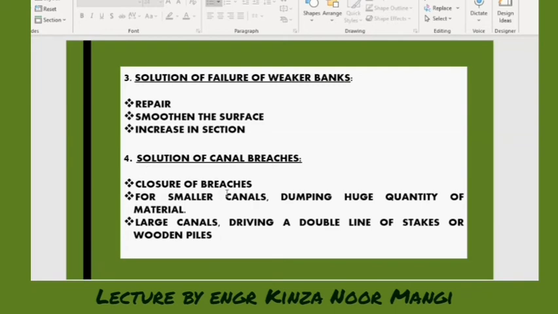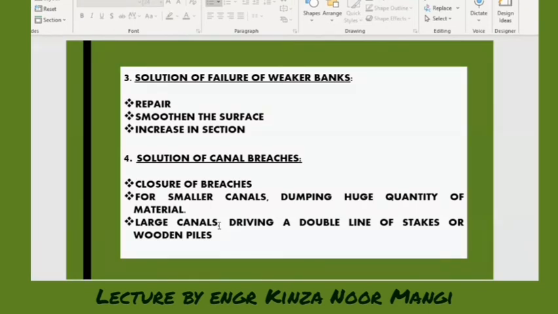Now the solution for the canal breaches is that we have to close them. There are two conditions. In small canals we can dump a huge quantity of material to close those cracks, but in large canals the flow velocity of the water is very much higher.